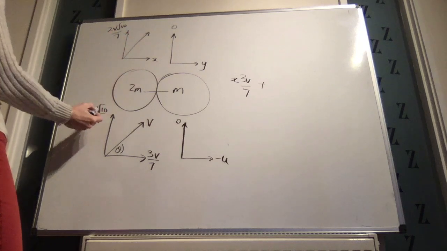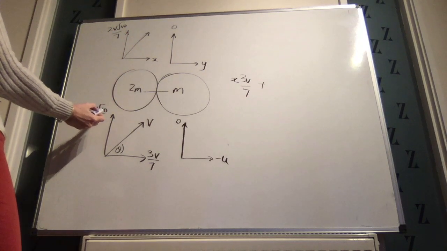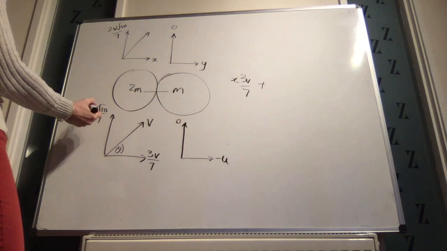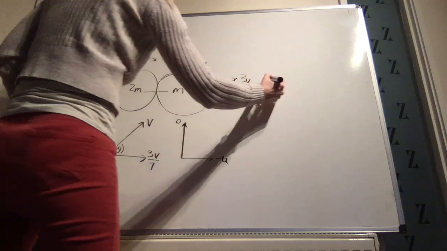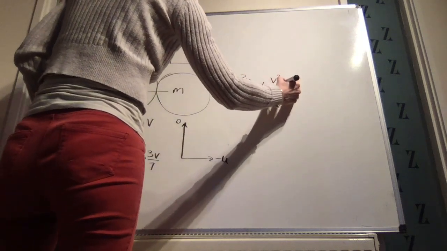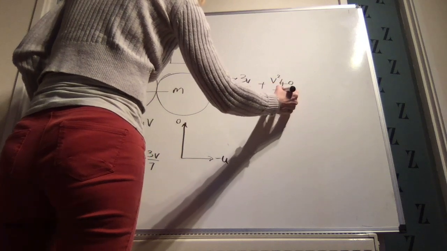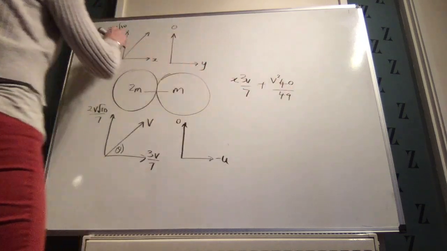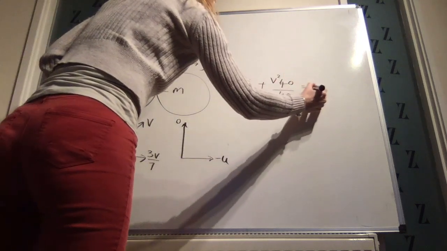So 2v root 10 by 2v root 10 is 4v squared times 10, that's 40v squared over 49. Hopefully you'll see that that's top by top, bottom by bottom, is equal to 0.